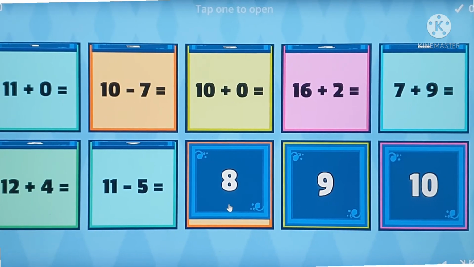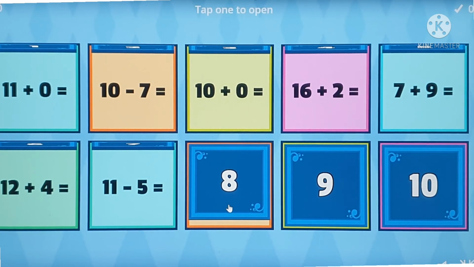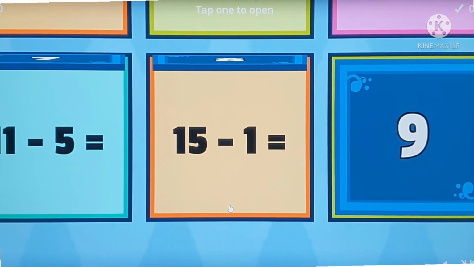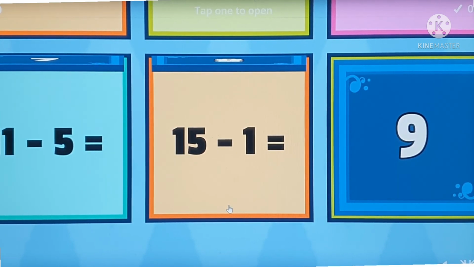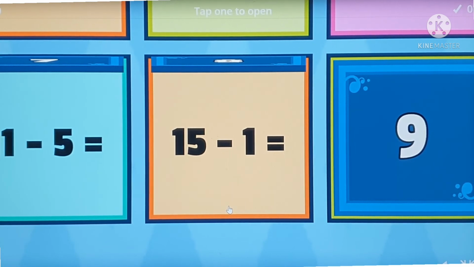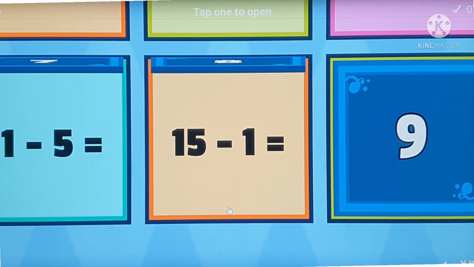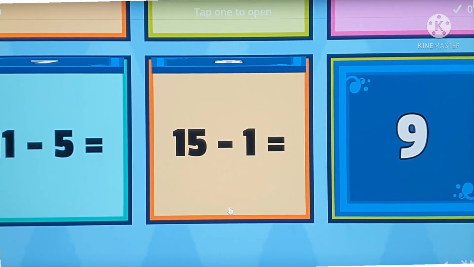Let's proceed to number 8. 15 minus 1 is equals to?